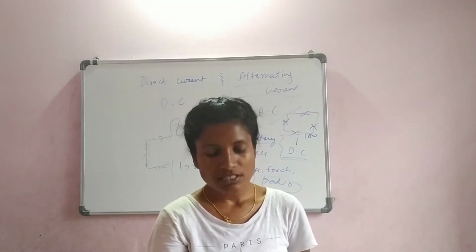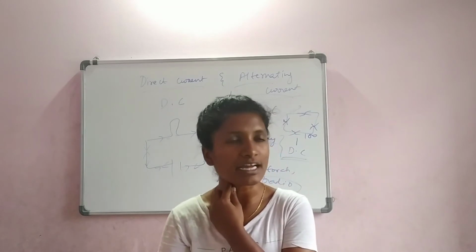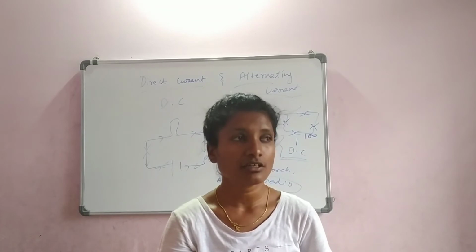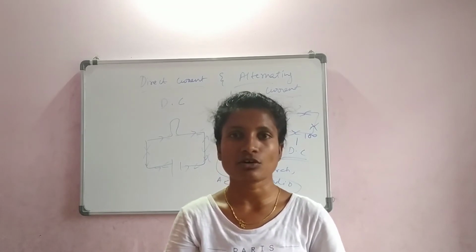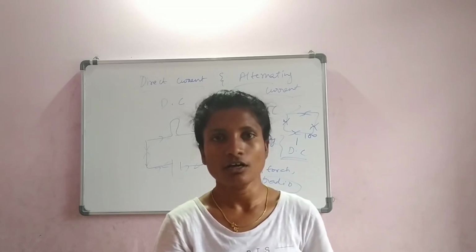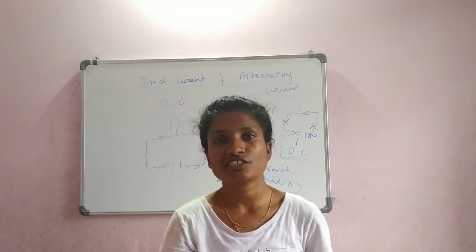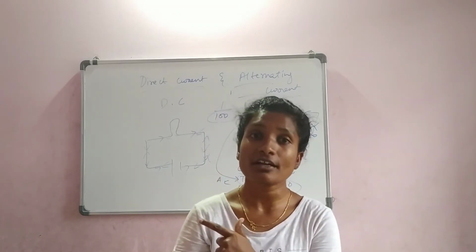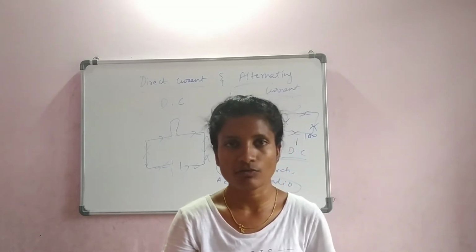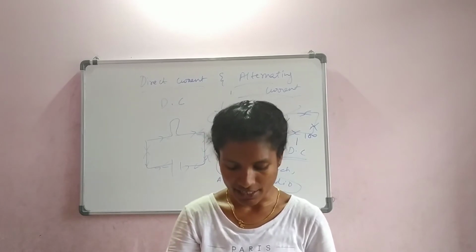Then next comes electric generator. If you had noticed in the beginning, I told you when we started the experiment for electromagnetic induction, this is a major application in a device called generator. Electric generator. Generator is a kind of device which is capable of converting the mechanical energy into electrical energy. Whereas the motor converted electrical energy into mechanical energy. Here the generator converts mechanical to electrical using the concept of electromagnetic induction.